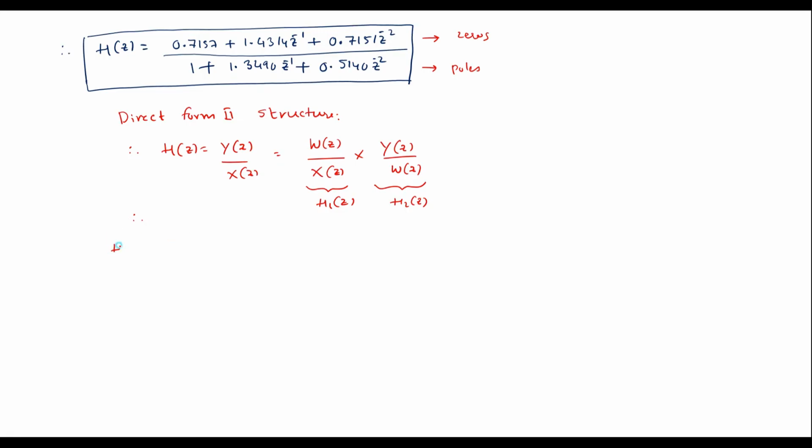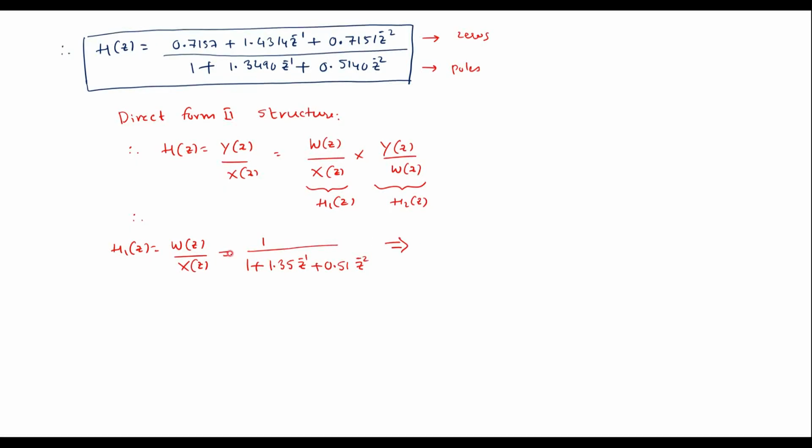So therefore H1(z) is equal to W(z) divided by X(z), which is equal to 1 upon the denominator, which is with respect to poles, that is 1 upon 1 plus 1.35 z inverse, I will round it off, plus 0.51 z power minus 2.